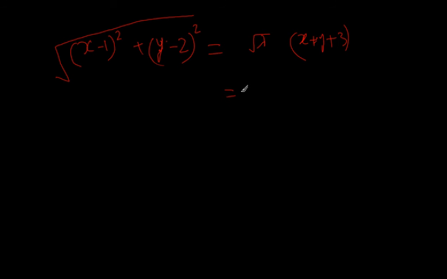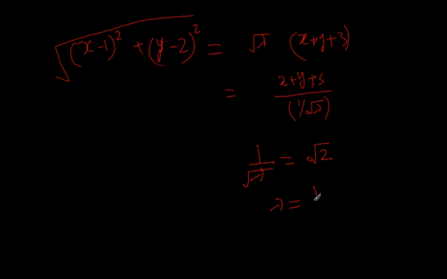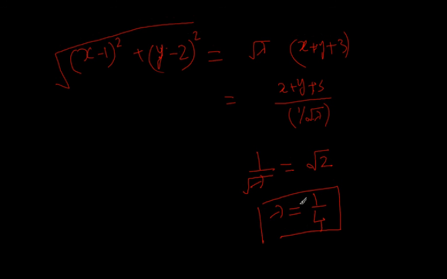Okay, just put the root over here: (x plus y plus 3) divided by 1 by root lambda, right? And then 1 by root lambda should be equal to 1 by root 2, should be equal to root 2. Okay, lambda should be equal to 1 by 4. If your lambda is equal to 1 by 4, this equation will represent a parabola. Okay, and then x plus y plus 3 is equal to 0 will represent the directrix.